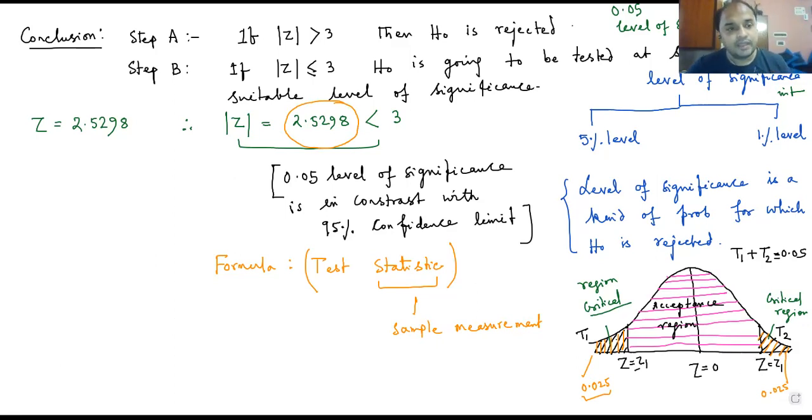Although it is mentioned in the problem that you find the significance of the hypothesis at 1% level of significance, for this particular problem I'm going to do it for both 5% level of significance as well as 1% level of significance, just to show you that both can be done. I'll not be specific over here as per the requirement of the problem.